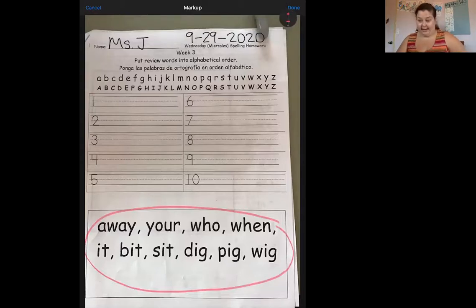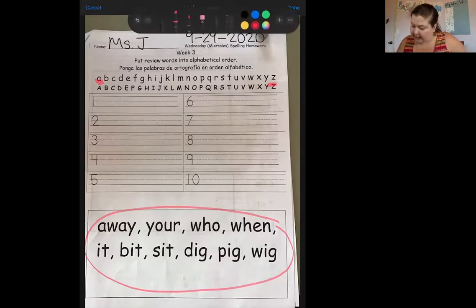We have to decide, of these words, if we were to put them in alphabetical order, from A to Z, which word would go first? Which word will go first? So, let's do it like this.